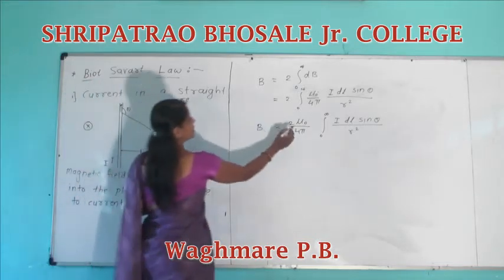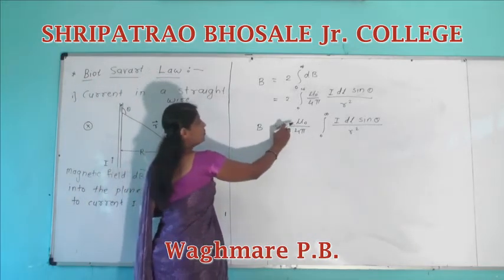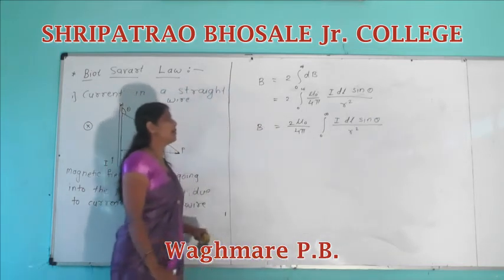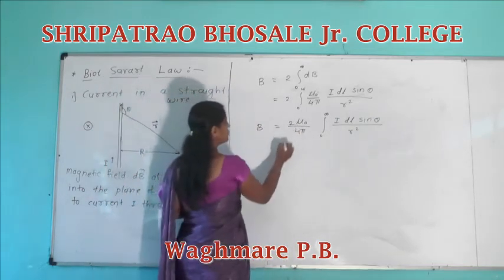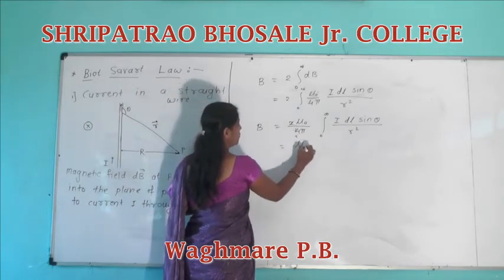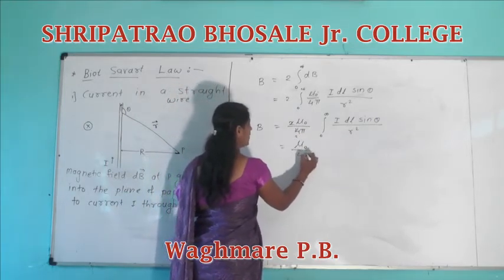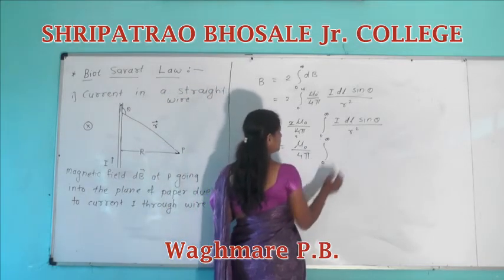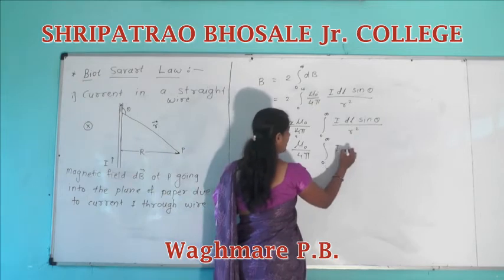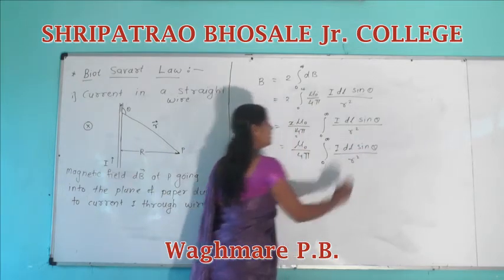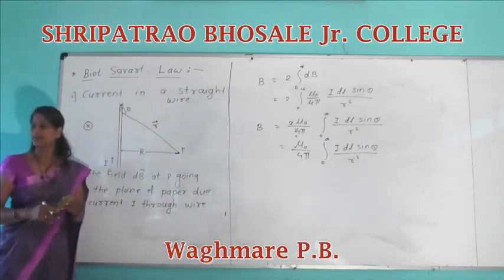into 2 integration of I dl sin theta upon r square. This 2 will be cancelled here. Therefore, mu naught upon 4 pi integration of 0 to infinity I dl sin theta upon r square.